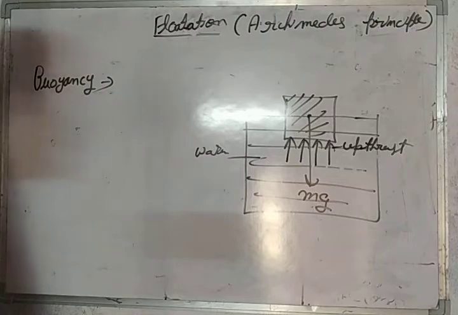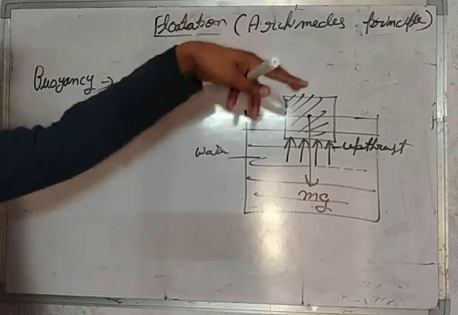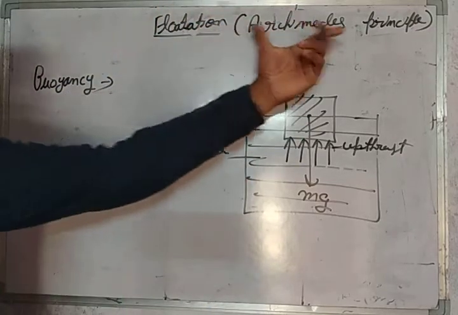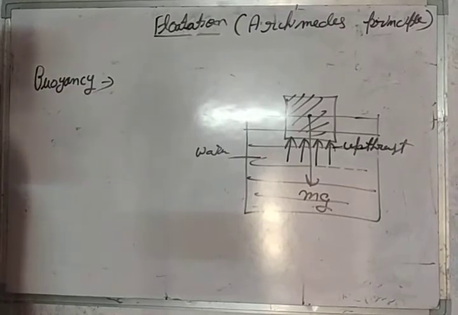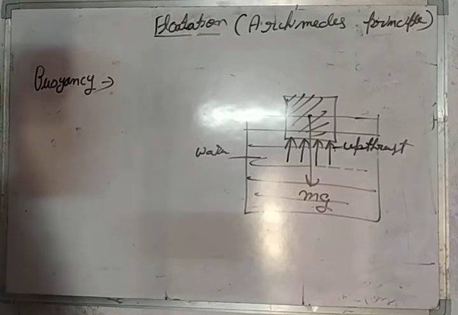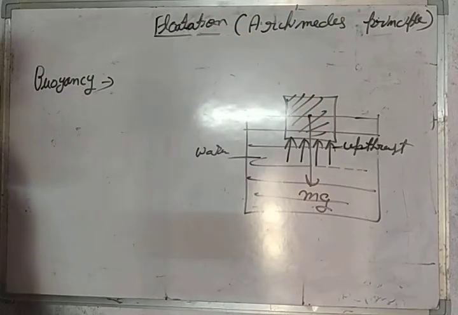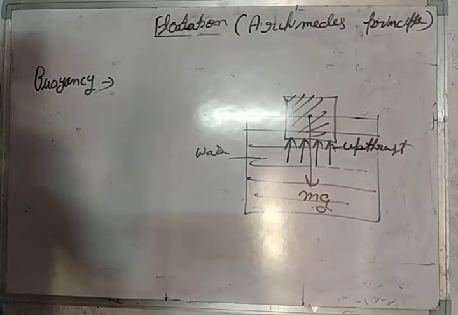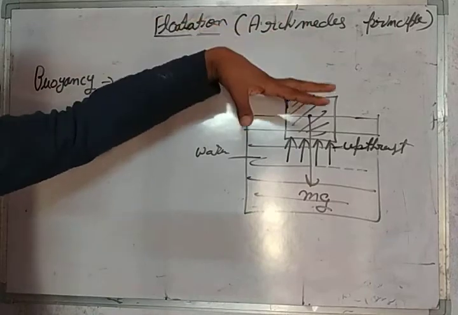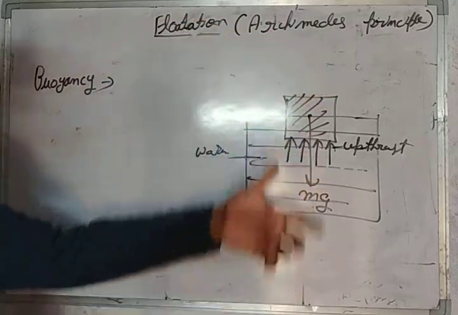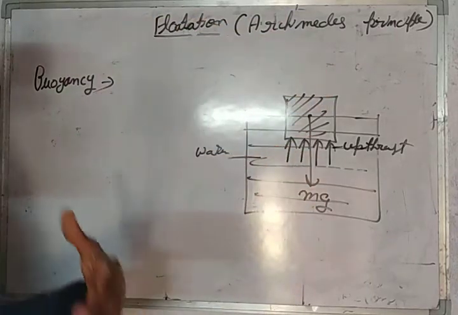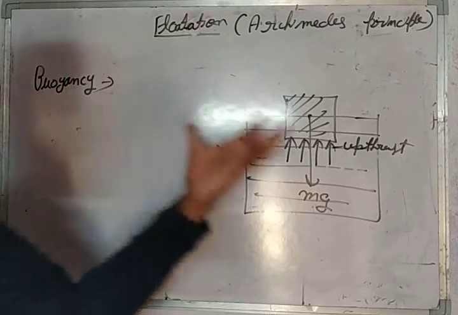He says that whenever you place a body, this is called the Archimedes principle. When you place a body on the surface of water, it experiences an upward force, due to which it experiences a loss in its weight.